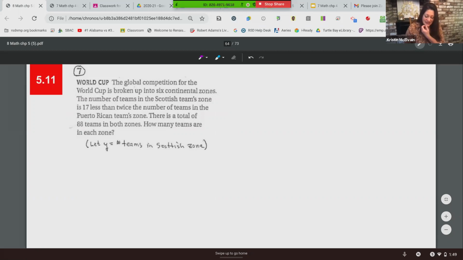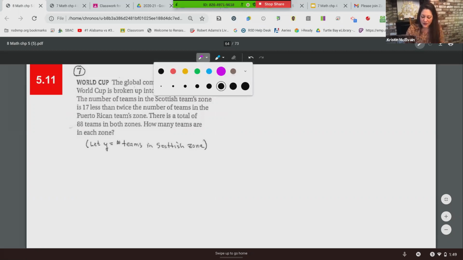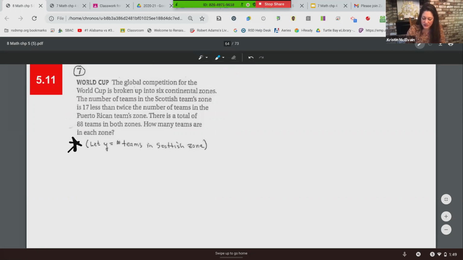Okay, so it says let Y equal the number of teams in the Scottish zone. So that means that X is going to equal the number of teams in Puerto Rico. Okay, so this is a system of equations and we need to figure out our 2 equations.